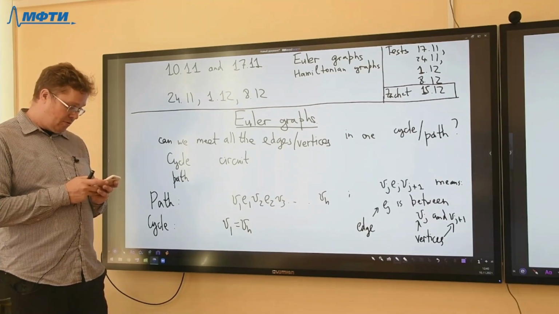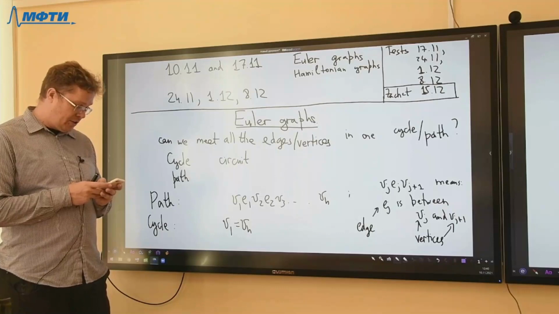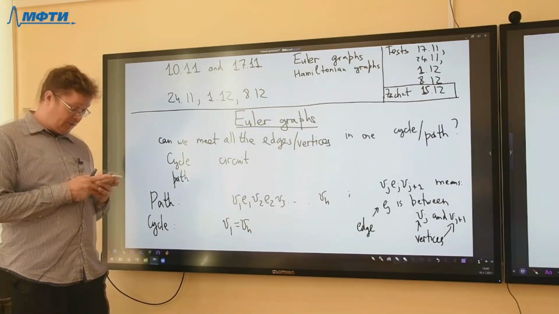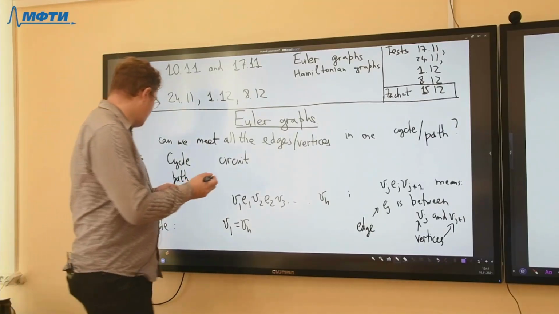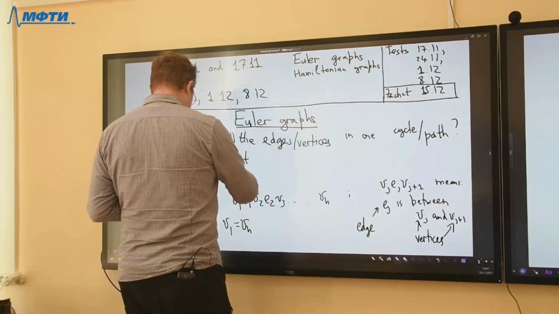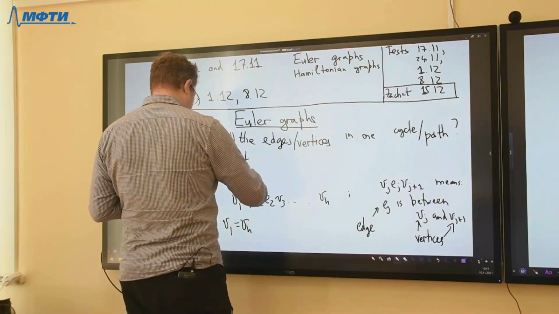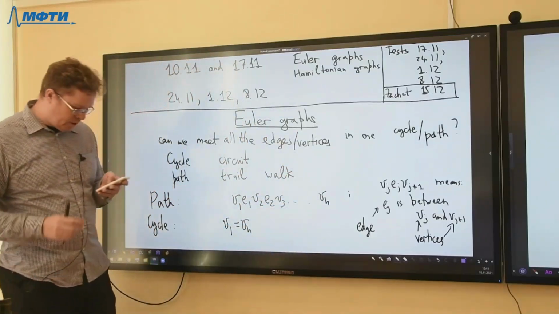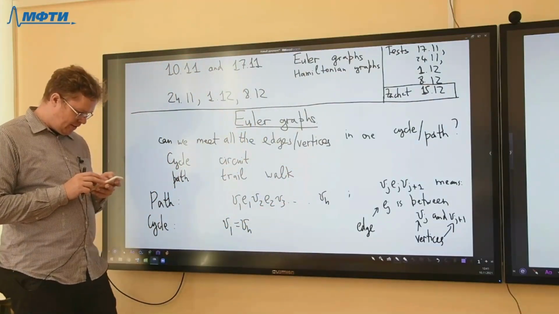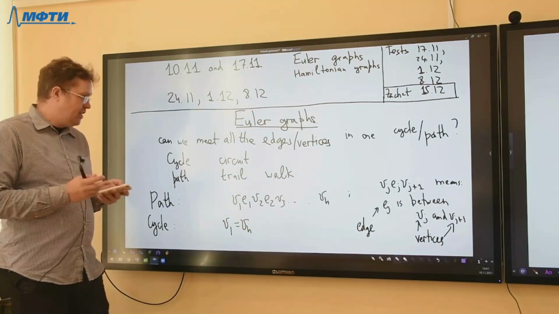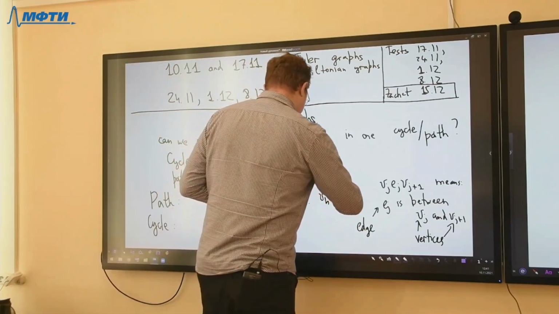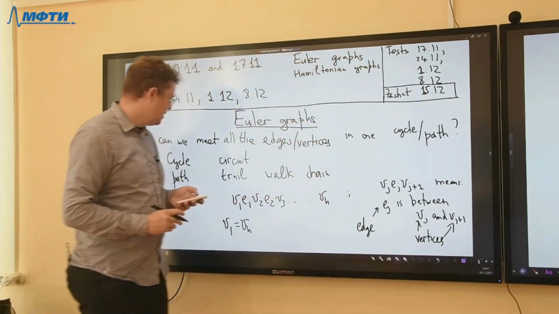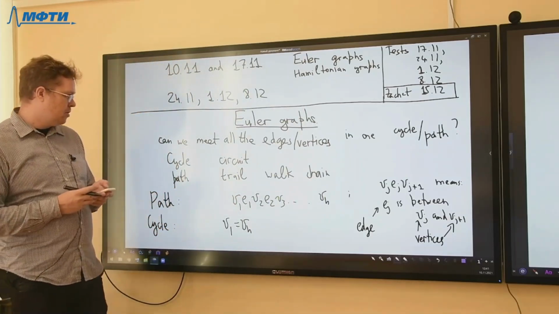Do you mean that all edges or all vertices are different? There are also some different words like trail and walk, and chain. There are plenty of different words.